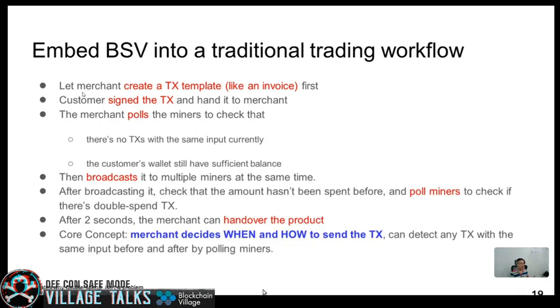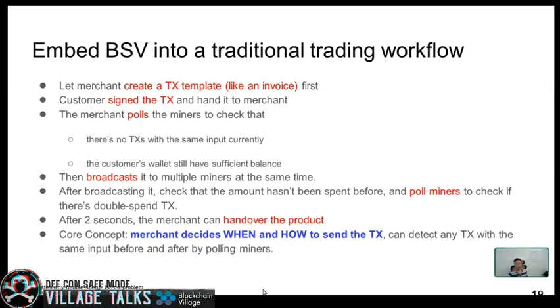Then the merchant can broadcast the signed transaction from the customer to multiple miners at the same time. And after broadcasting it, the merchant asks the miners to check if there's any conflicting transaction after that. So after 2 seconds, the merchant can hand over the product and he knows he's safe.